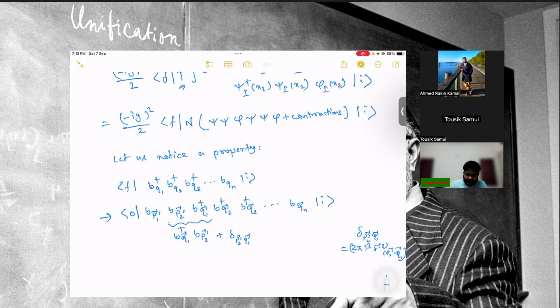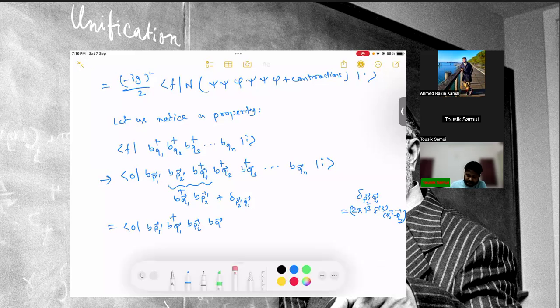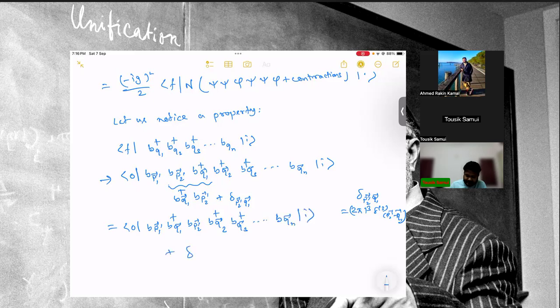Then it will be 0, b_{p1} b_{q1} dagger b_{p2} prime, then b_{q2} dagger, b_{q3} dagger, and so on, b_{qn} dagger, plus the delta part, that is delta P2 prime Q1.